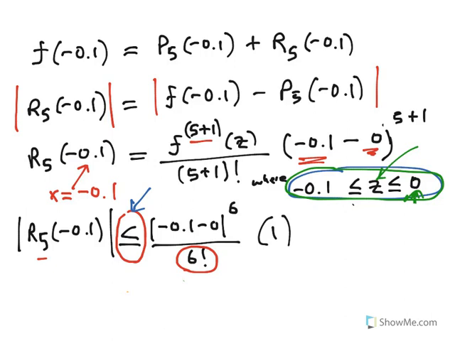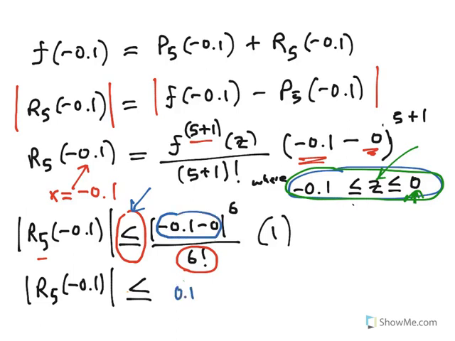So what that tells me is that the error can be no bigger than this quantity, the absolute value of negative 0.1, which is, of course, 0.1. Raise that to the 6th power and divide by 6 factorial and multiply by 1. So this is the most my approximation could be off from the exact value by.